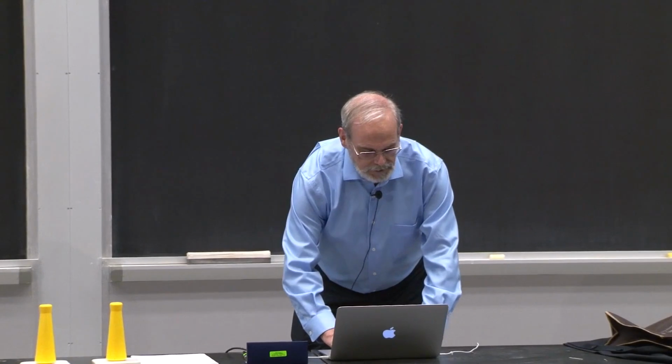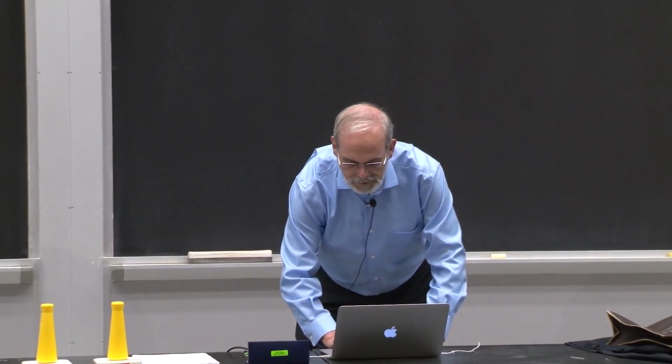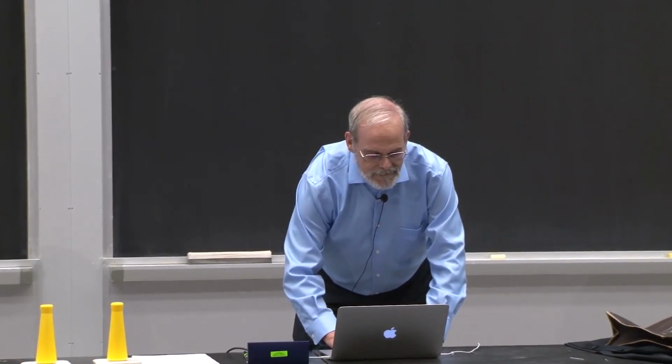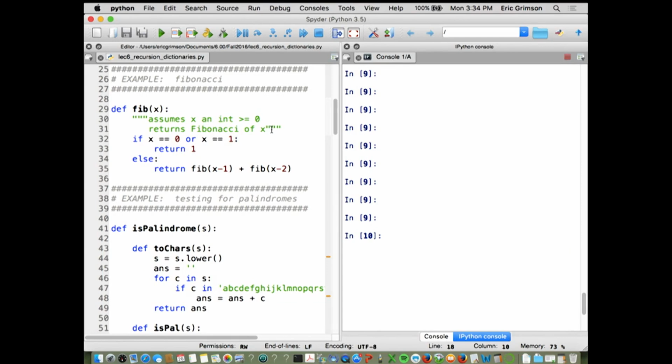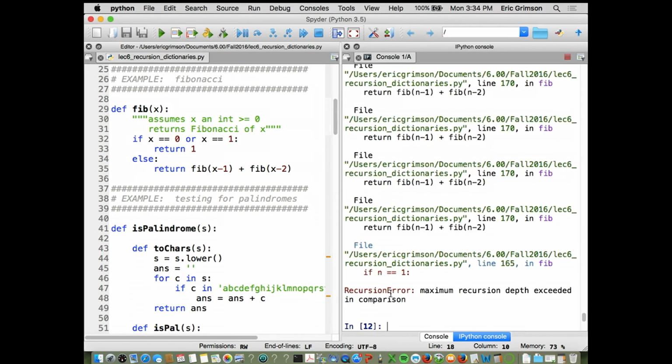Okay? And if we go look at this, we can actually run this. If I can find my code, which is right there. And I'm just going to check it, for example, by saying fib of 0. I just hit a bug, which I don't see.